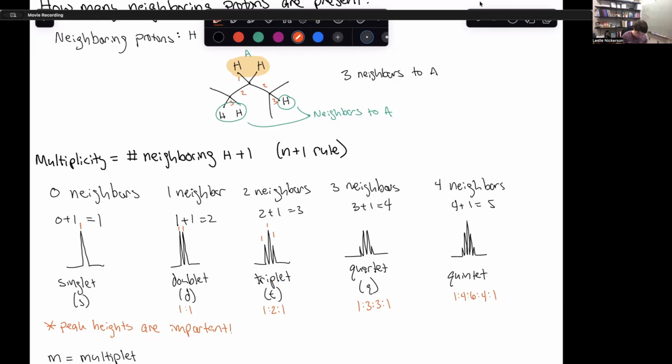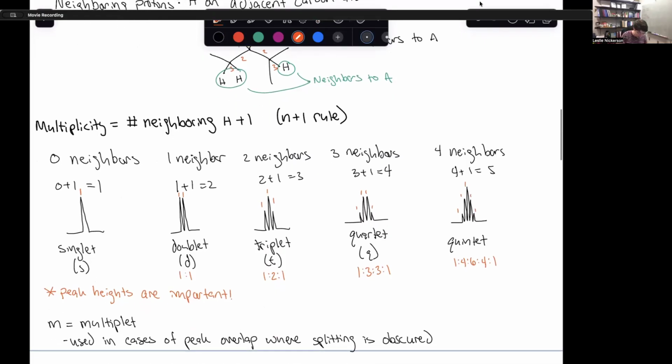3 neighbors is going to be a quartet. 4 neighbors is going to be a quintet. You can see this happening with many, many more, but these are the common ones that you see. If you see something that's just labeled M for multiplet, that's typically used where you're getting a lot of peak overlap, and so the splitting is obscured.